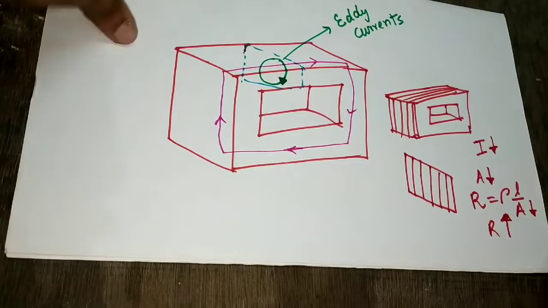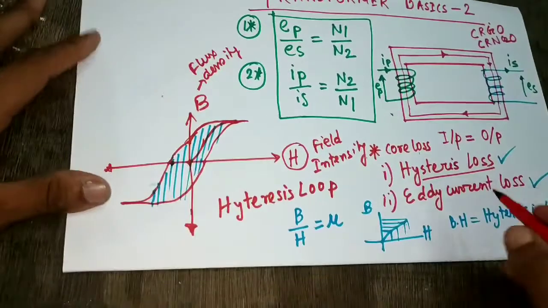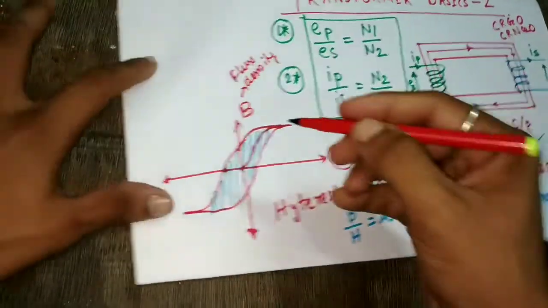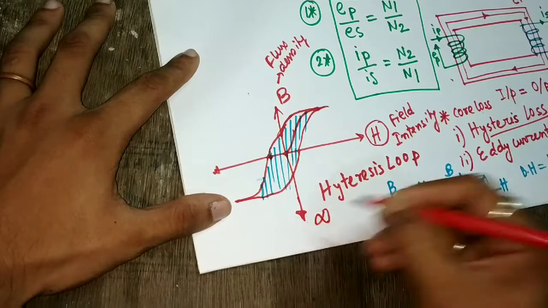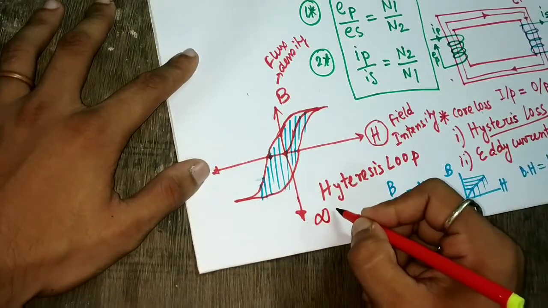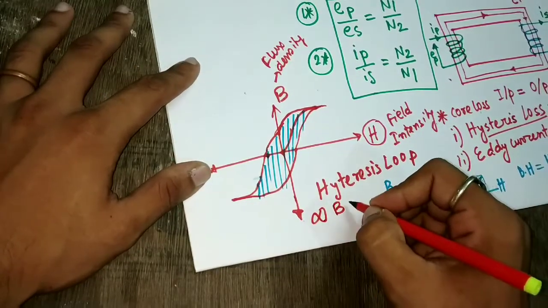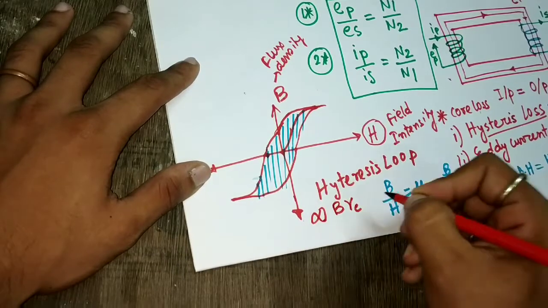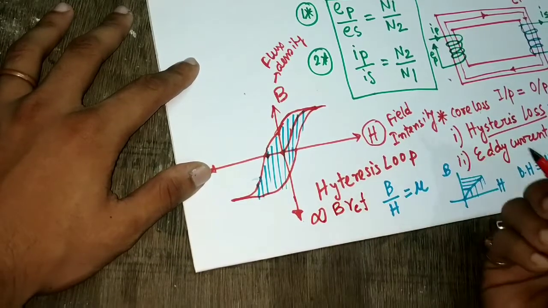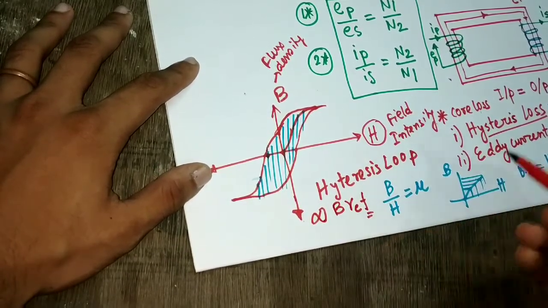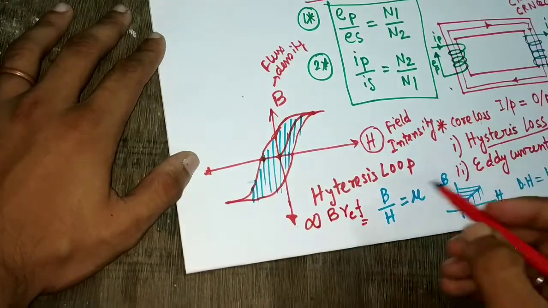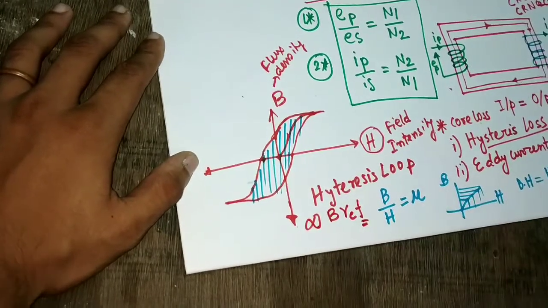Okay. Now, hysteresis loss is proportional to the field intensity, the flux density, the core volume, and the frequency. What is this frequency? Frequency is the supply frequency. The supply frequency is an AC supply.